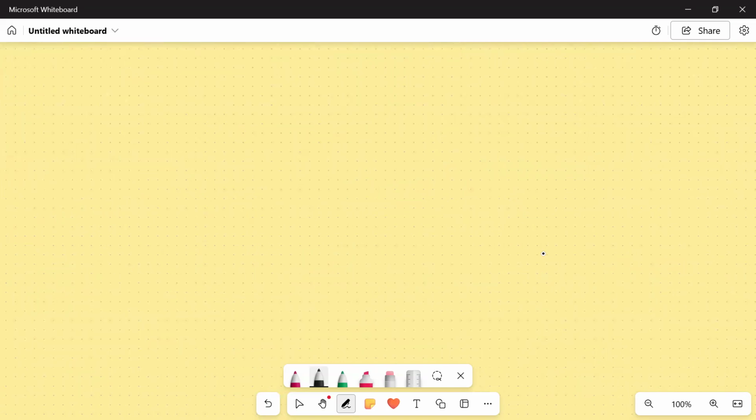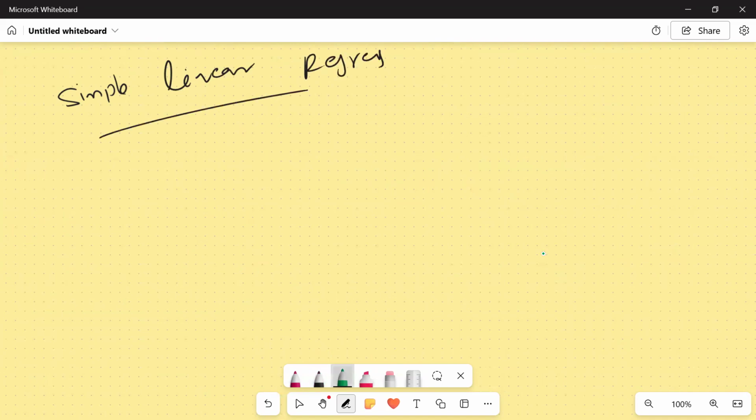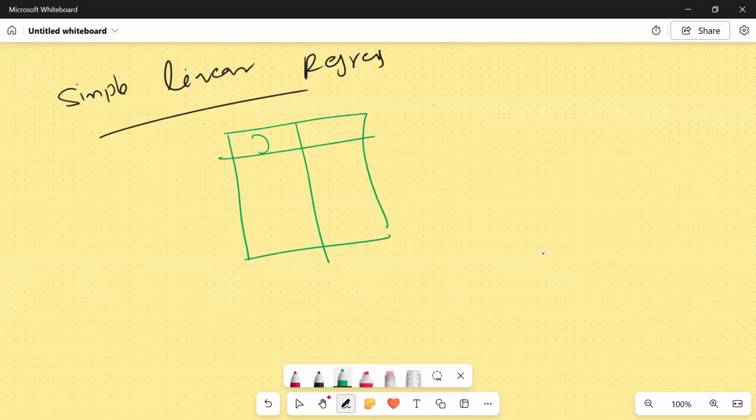Okay. Let's talk about simple linear regression. Coming to simple linear regression, let's consider I have only two variables. The first one is my x variable, and this is my y variable. I want to predict y based upon my input x.